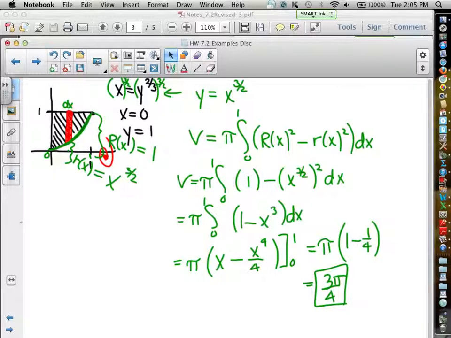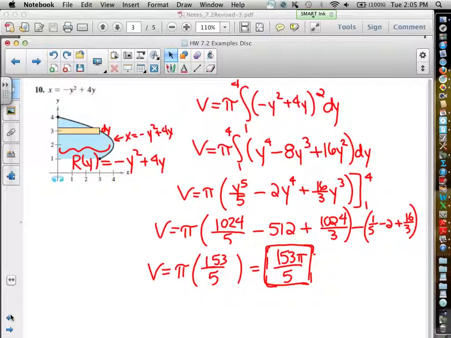Is this bringing back all sorts of warm, fuzzy memories for you from last week? Disk method, washer method. What's the difference between disk and washer? The hole in the middle. You have a little radius with the washer method. You have a big radius, a little radius. Disk method, the rectangle and the axis of rotation touch each other, right?